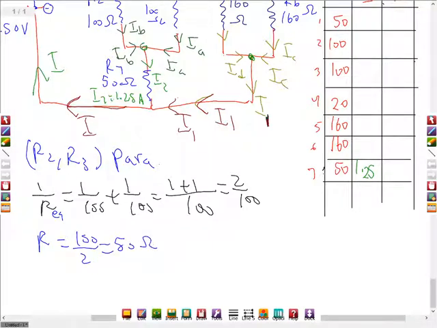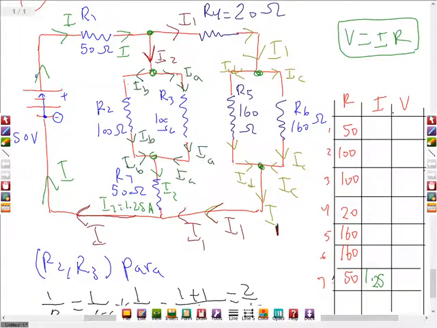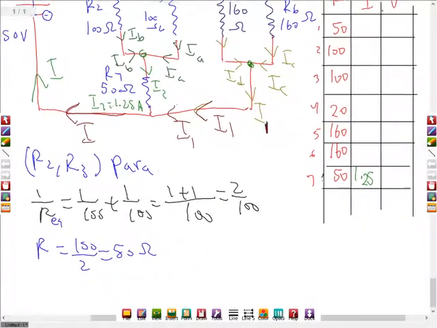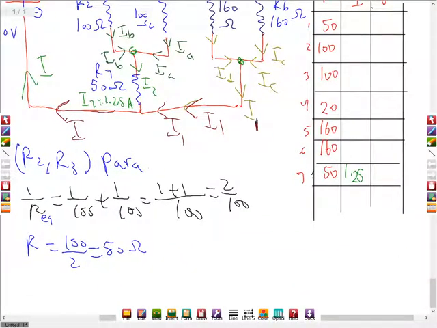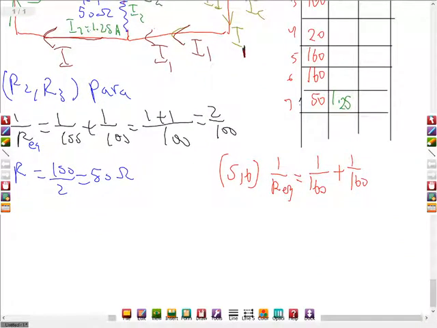We do the same for R5 and R6. 1 over R equivalent equals 1 over 160 plus 1 over 160, which is 2 over 160.